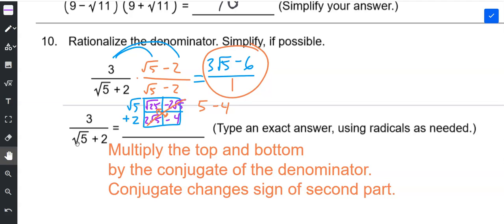So we developed a way called rationalizing the denominator so that it would only have a nice rational number in the bottom, something that would be easy to divide by. But now that we have calculators, we don't really have to do this process.